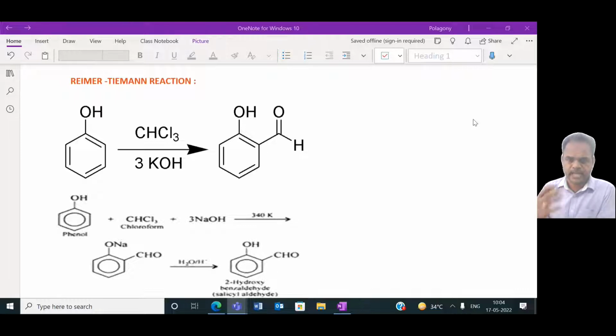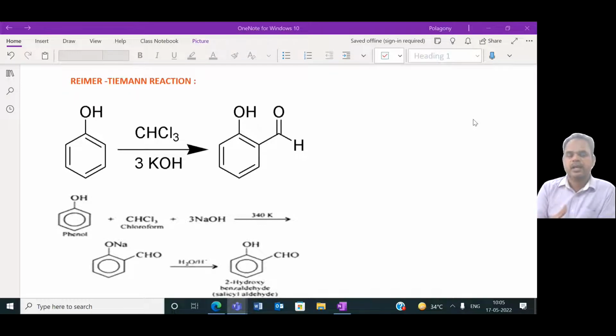In that solvent we mix the chloroform and the strong basic solution, and we must heat at 340 Kelvin along with the phenol.